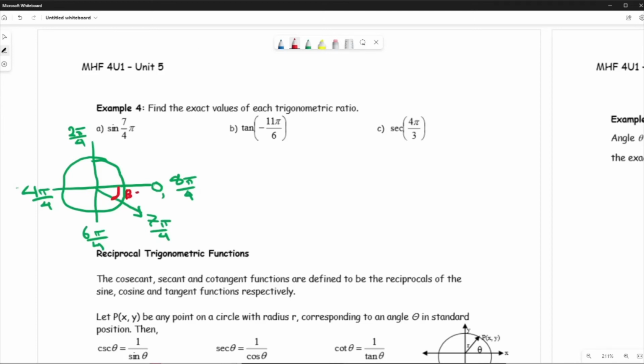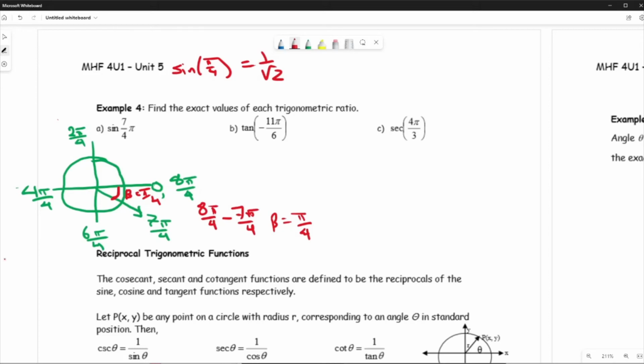The beta angle would be 8 pi over 4, the complete revolution, take away 7 pi over 4, which is the angle that I currently have, and I would find that beta is pi over 4. Now, in a pi over 4 triangle, just to remind you from page 1, sine of pi over 4 is 1 over root 2. I know that because that's my special triangle.